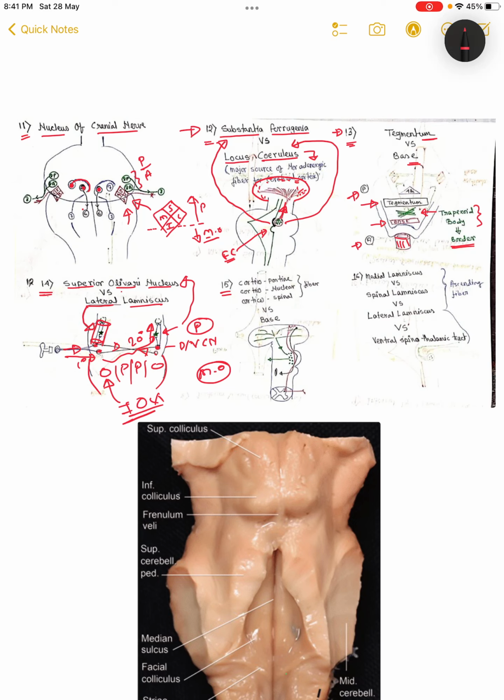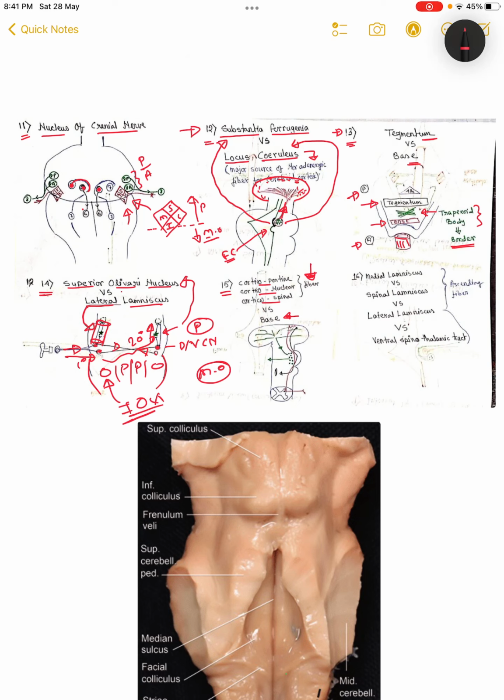In 15, we are talking about all the descending fibers. To be more specific, the cortical origin descending fibers. So you will find the corticopontine, corticonuclear, corticospinal. Now I'm going to do a brief introduction here.